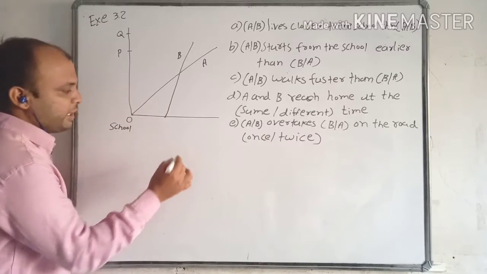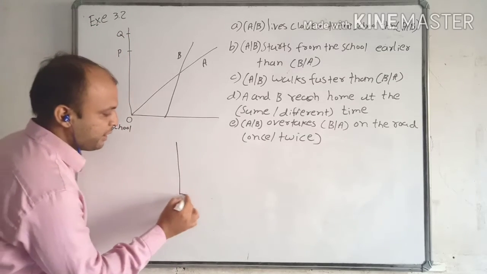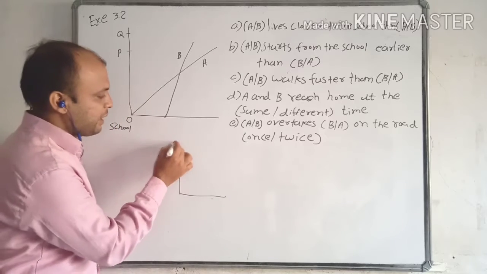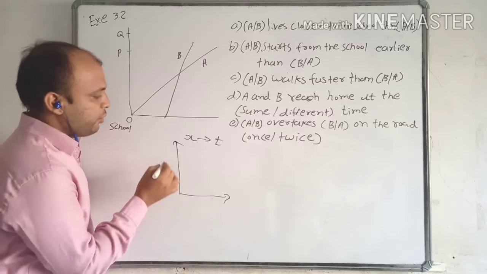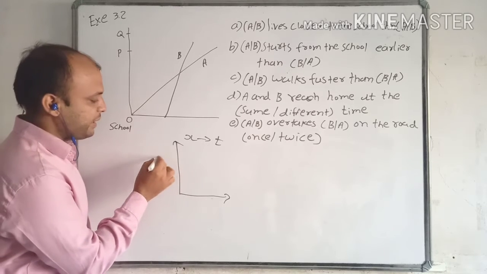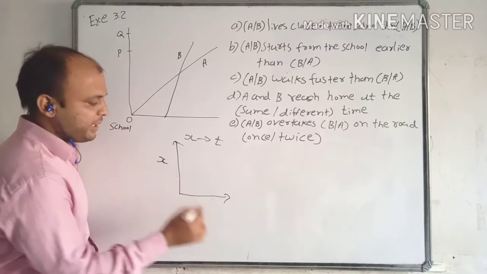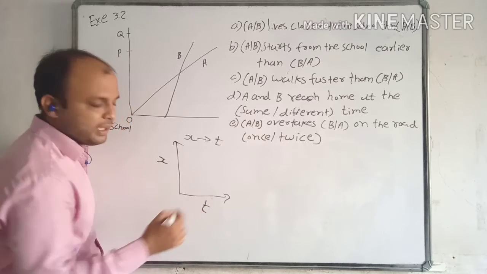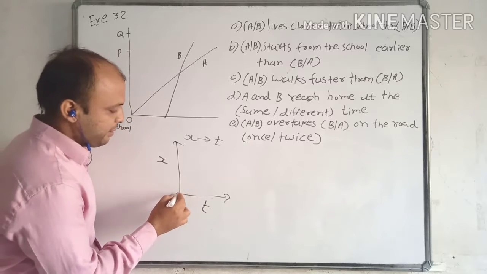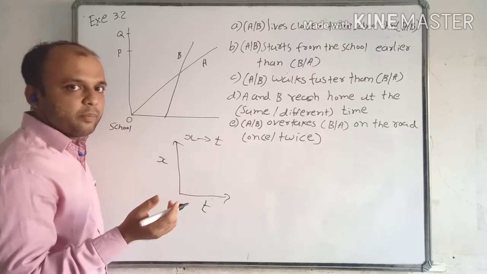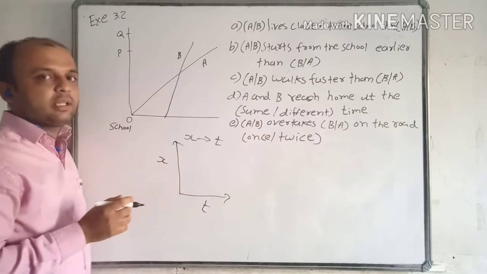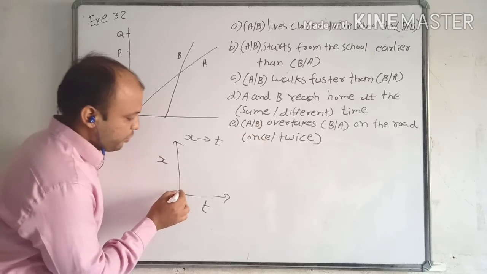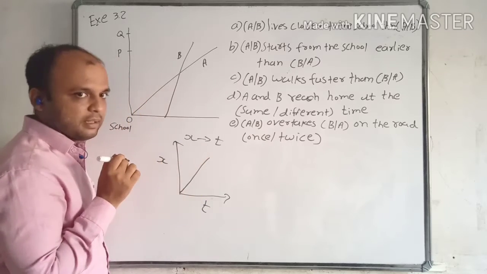In that lecture I taught you that in an x against t graph, on the y-axis we take x, meaning displacement, and on the x-axis we take time. If a particle or a person is changing their position with respect to time, we have a graph like this.